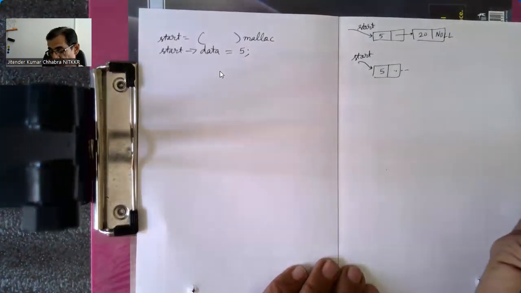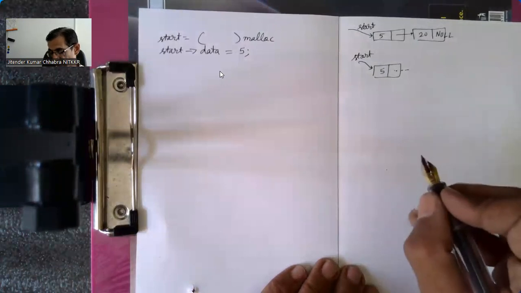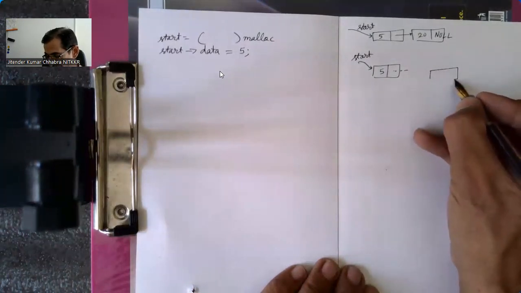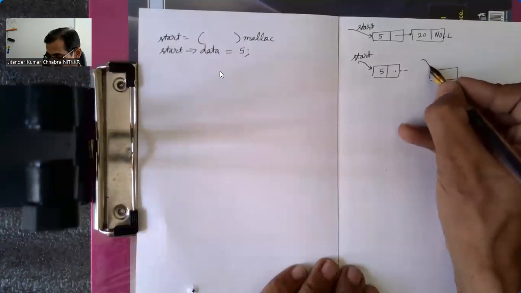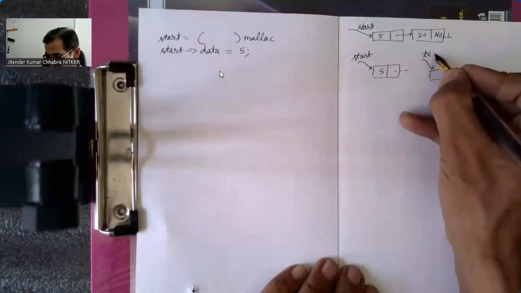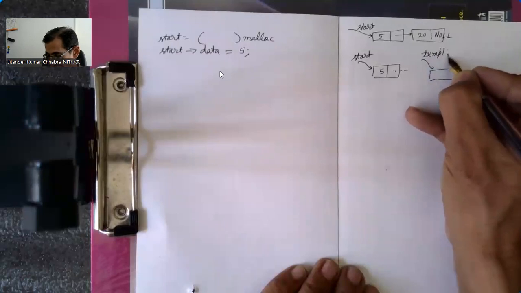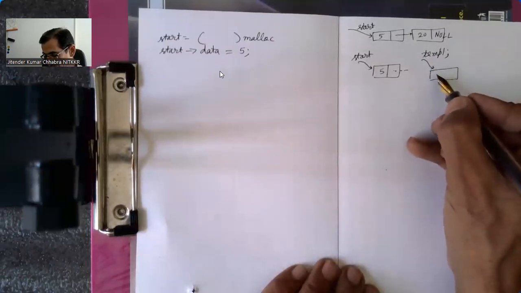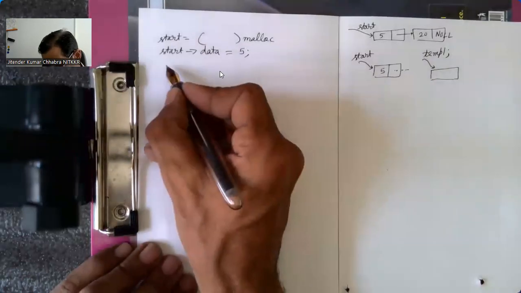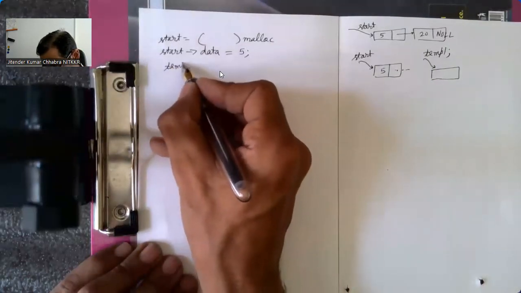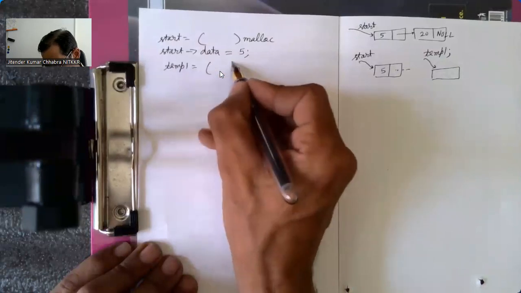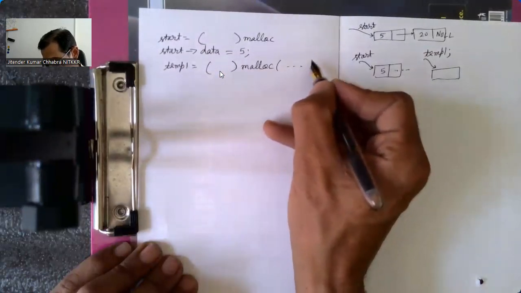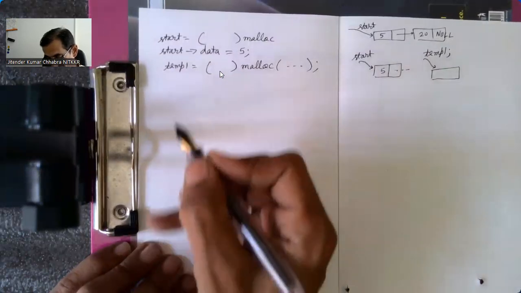How to get a new node? Anytime I want a new node, I will take malloc. So let's use another variable, named temp1, and for temp1 I will also do malloc to get the proper syntax.